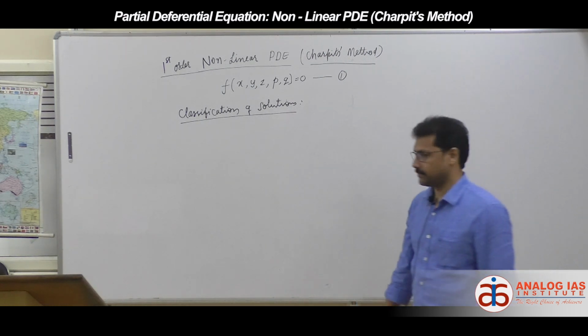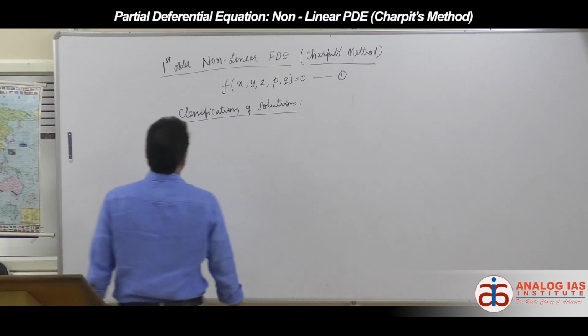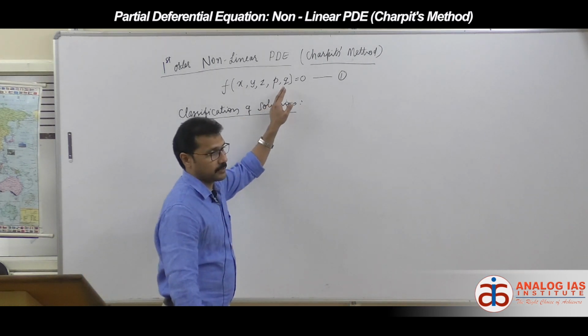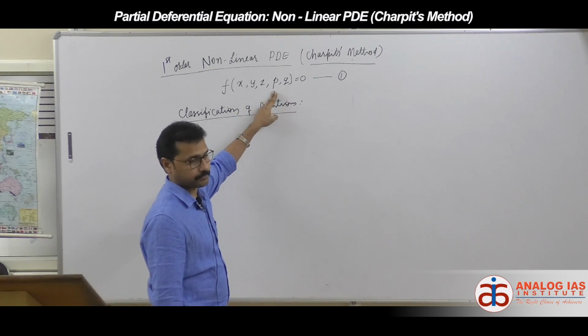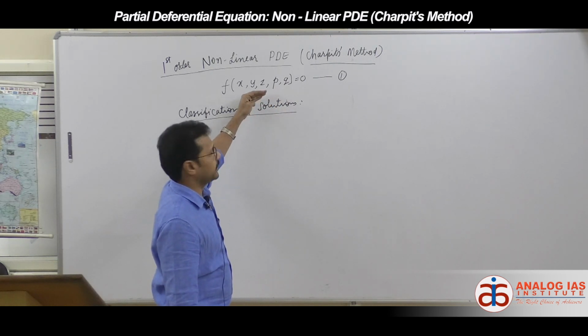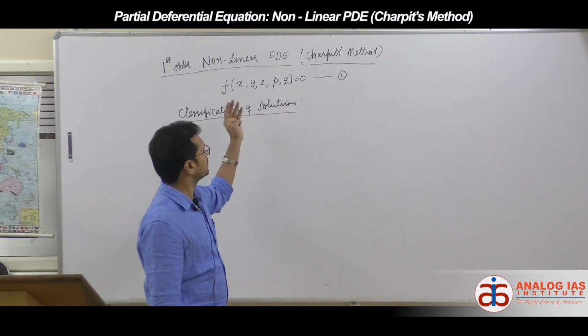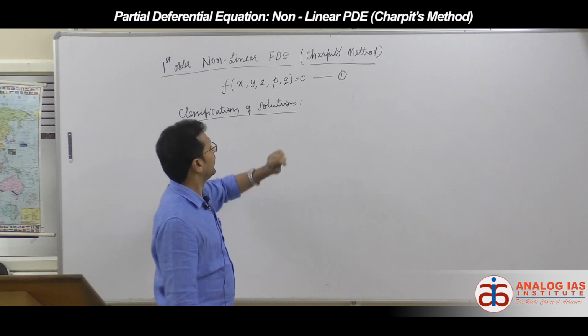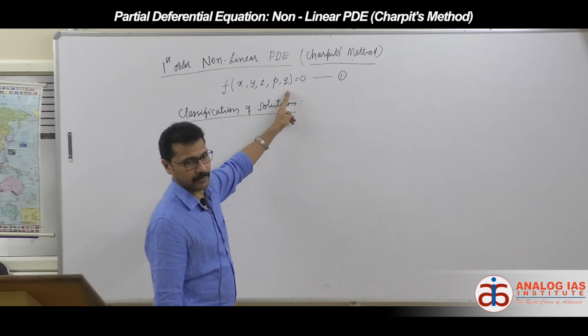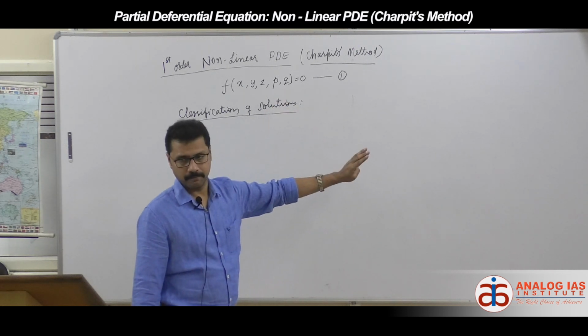We know it already. But since in the first order I have two independent variables, if I try to solve this, maybe first I will integrate with respect to x, which gives me one arbitrary constant. And again, if I integrate with respect to y, it gives me another arbitrary constant.